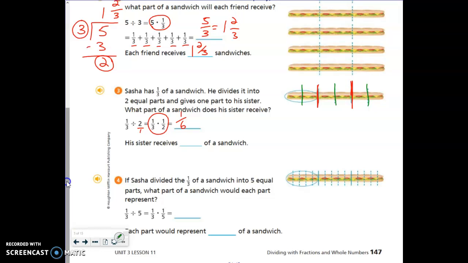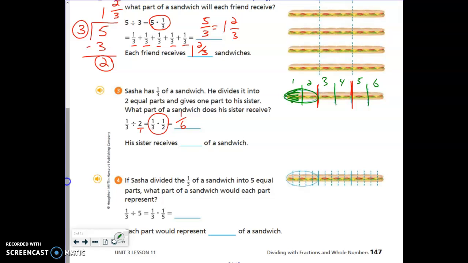So Sasha has 1/3 of the sandwich. Right here is what she has as the 1/3 piece. He divides it into 2 equal parts and gives 1 part to his sister. What part of the sandwich does his sister receive? She's going to receive 1 of the 6. 1, 2, 3, 4, 5, and 6 pieces that have been created of that sandwich.